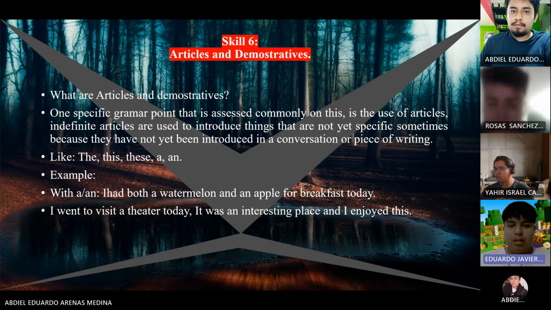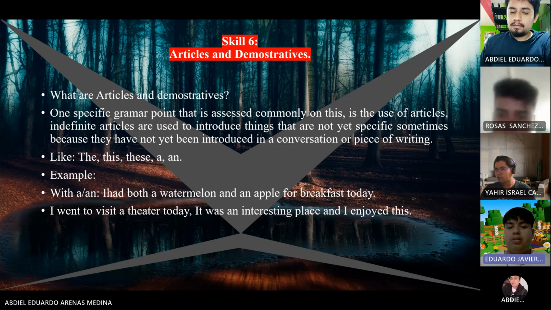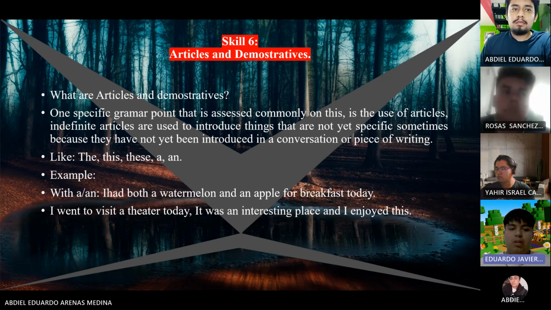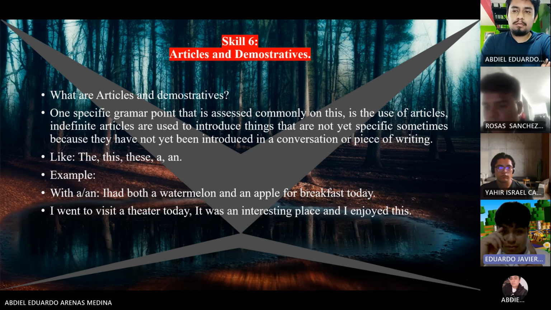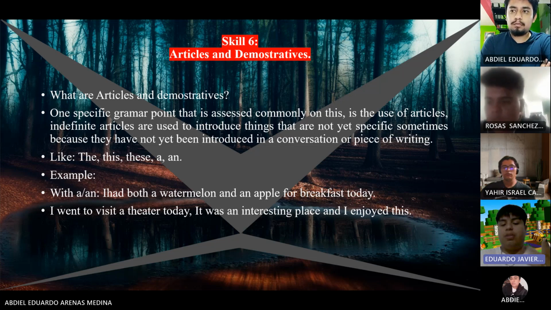The next is skill number 6, articles and demonstratives. What are articles and demonstratives? One specific grammar point that is commonly cited on this is the use of articles. Indefinite articles are used to introduce things that are not yet specific, sometimes because they have not yet been introduced in a conversation or piece of reading.